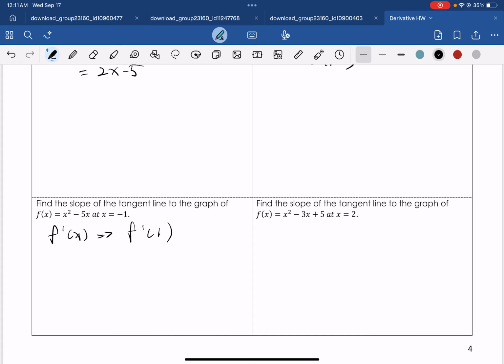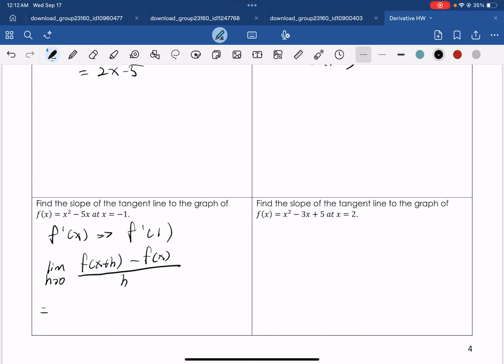Alright, so we first find f prime of x, our derivative. We get the limit as h approaches 0 of f of x plus h minus f of x over h.